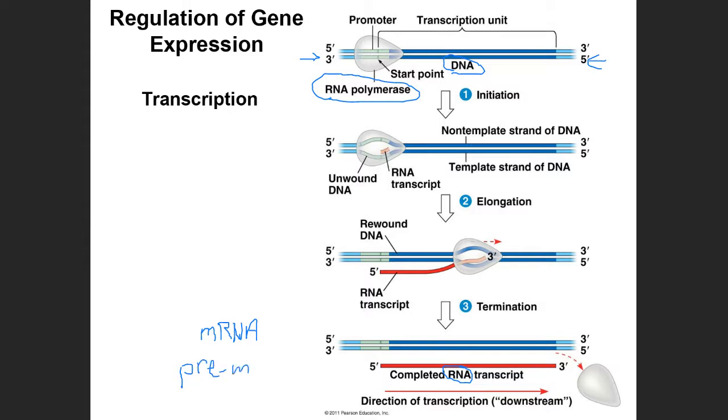Listen carefully. What I'm going to go over is just the section having to do with prokaryotes. Pre-mRNA is synthesized by RNA polymerase in eukaryotes. Prokaryotic RNA polymerase, when it synthesizes RNA, it is mRNA.